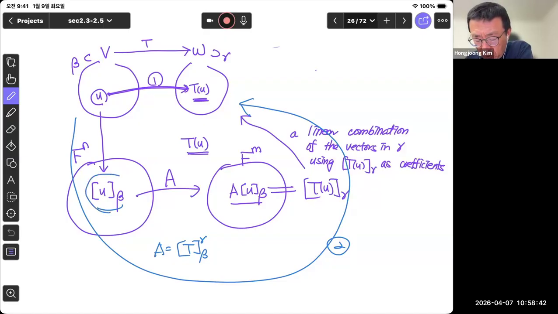So given U vector, you identify the vector in Fn space, you estimate A, and then you multiply A with this vector, then you get this one. So you consider a linear combination of the vectors in gamma with these numbers as the coefficients.